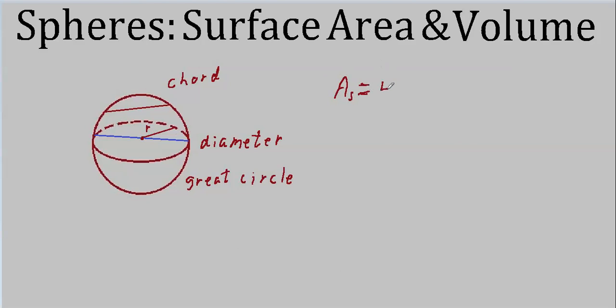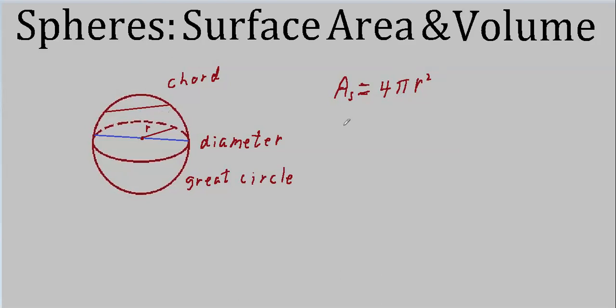In other words, 4 pi r squared. Just remember, it's 4 times the area of a circle with the same radius. That's the area of the surface of the sphere.